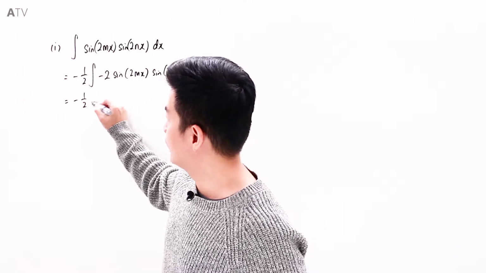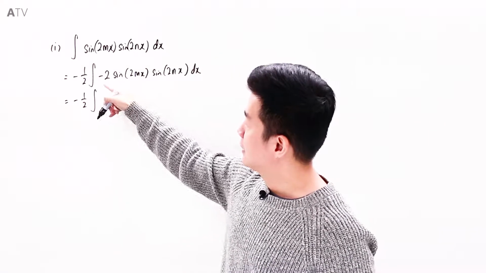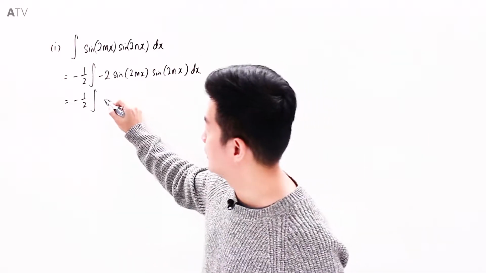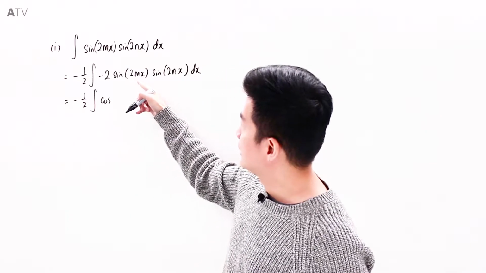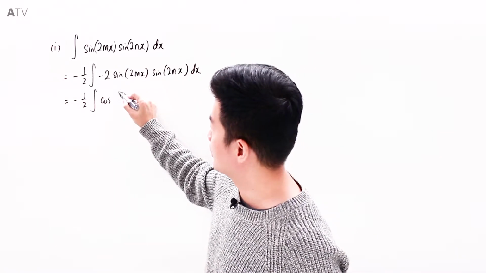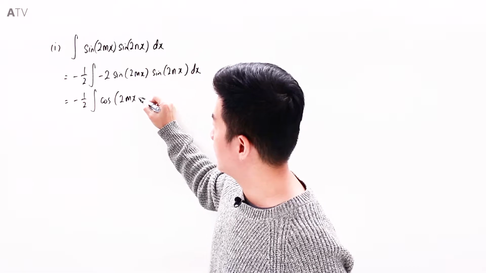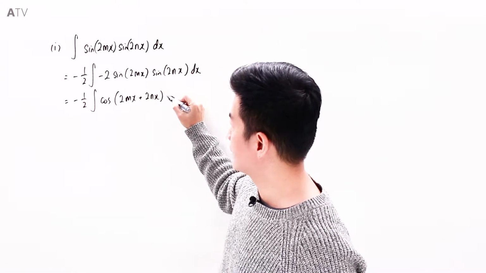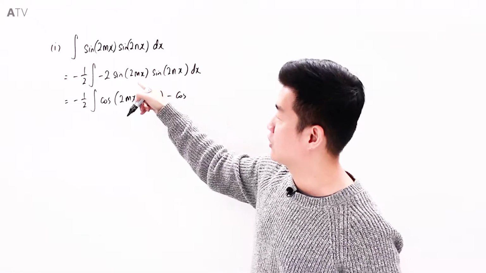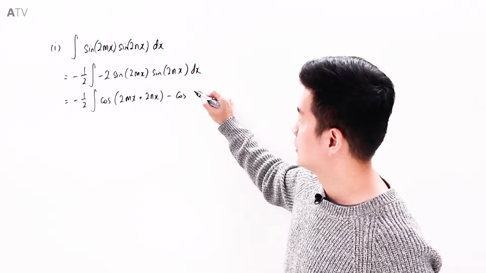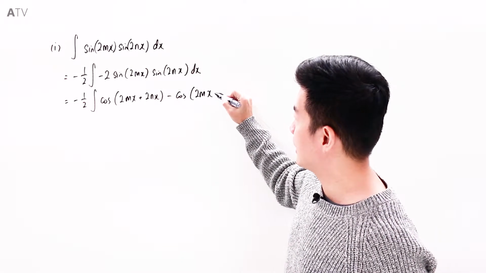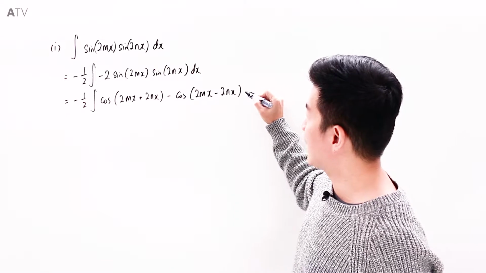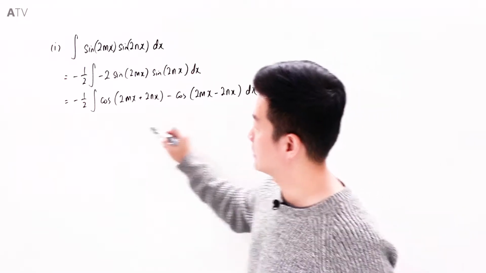So minus half will still be as it is. This over here, applying the factor formula, it will be cosine of this plus this, so it will be cos(2mx + 2nx), minus cosine of this minus this, so it will be cos(2mx - 2nx) dx.